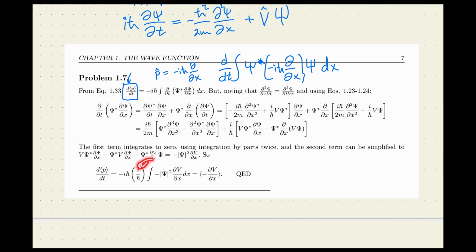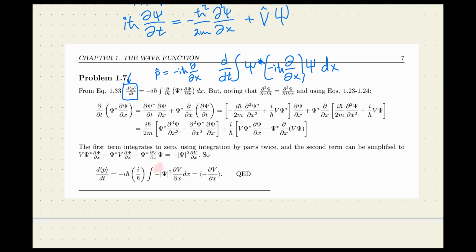The i h bar comes here. The h bar cancels with the h bar. i times i equals minus 1, and minus 1 cancels with this minus. So this whole thing just equals 1. Nice. Here we have the integral with respect to x, and this whole thing inside gets replaced by this. And there's a minus sign here. Okay, I guess that makes sense.